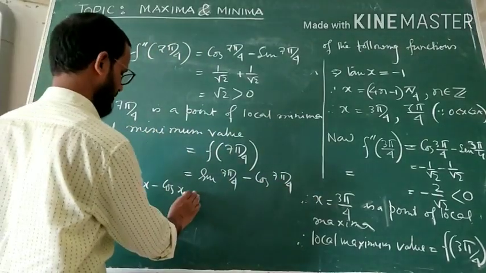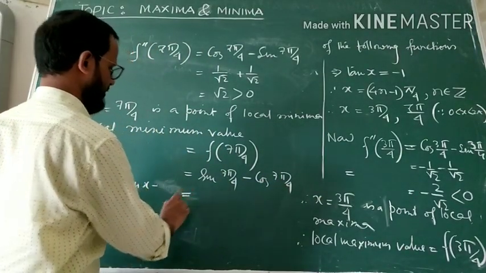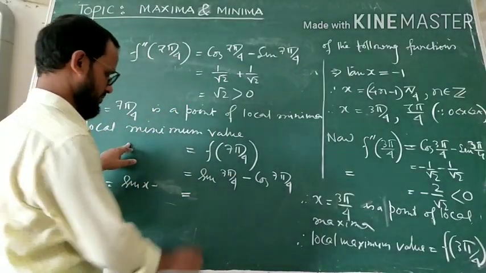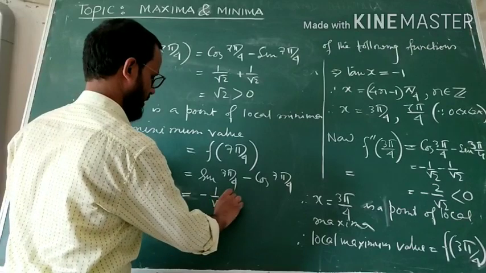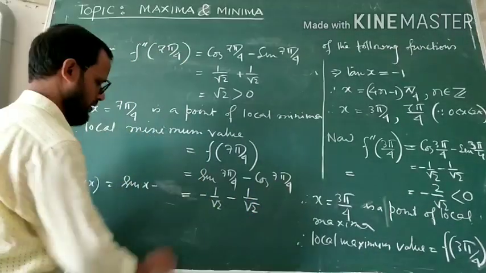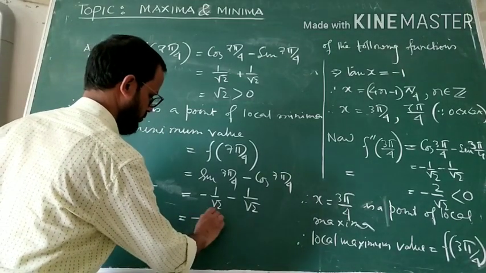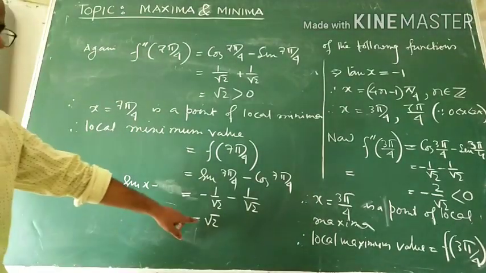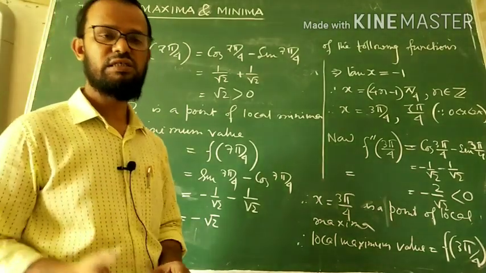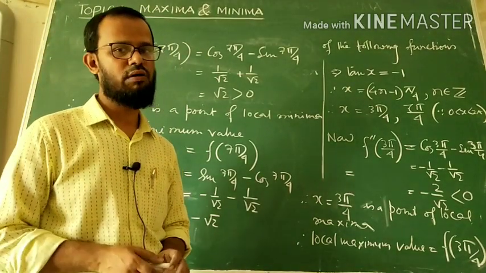Sin 7 pi by 4 is minus 1 by root 2, and cos 7 pi by 4 is plus 1 by root 2. So this is minus root 2. So the minimum value is minus root 2. This is a very easy method to solve such problems.